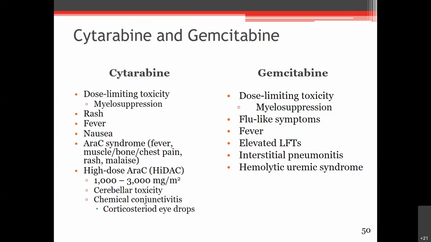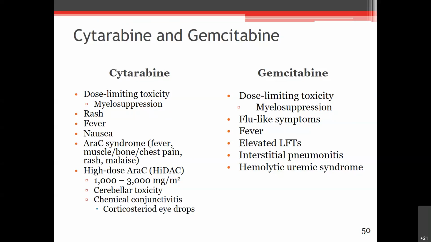So our nursing staff does complete neurochecks prior to each dose of high-dose cytarabine, and it is more likely to occur in older patients or patients with renal dysfunction. The other unique toxicity with high-dose cytarabine is a chemical conjunctivitis. So you will see corticosteroid eye drops built into these treatment plans. And at UW, we use prednisolone eye drops in our adult patients and then dexamethasone eye drops in peds.